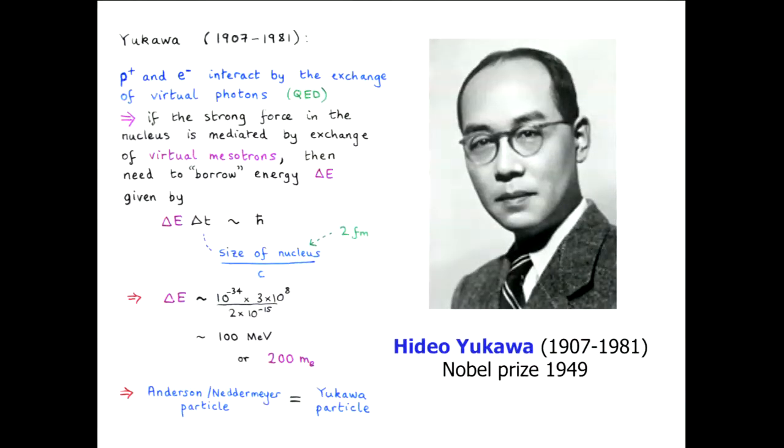And then he basically said, okay, we can do an estimate, and he did much more complicated maths than this, but this is my back of the envelope version of it. If you're going to hold the nucleus together, what you essentially need to do is, if you've got a proton on one side of the nucleus and a proton on the other, and they're attracting, and they're exchanging virtual particles, maybe these virtual particles have got mass, and therefore to make a virtual particle, you need to borrow a bit of energy from the universe, mc squared, to make the virtual particle.